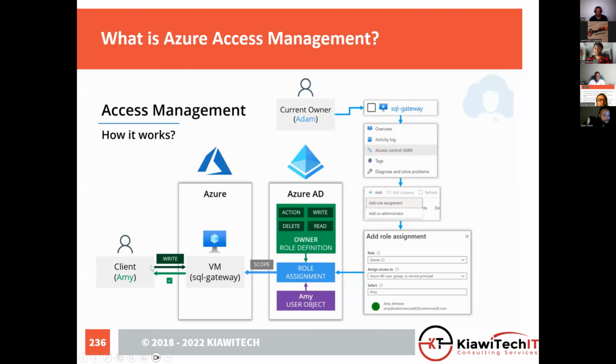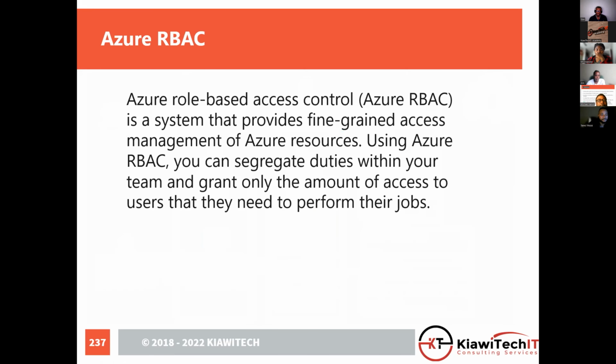Let's say she needs write permission at the level of virtual machine, which is the scope that she needs. So the role assignment will be what kind of permissions she needs at what level. Once that is granted, write permission at that scope, she's able to log on to that particular machine and do the write activity, or maybe delete or update and whatever. Right? So in access management this is done through the use of RBAC.